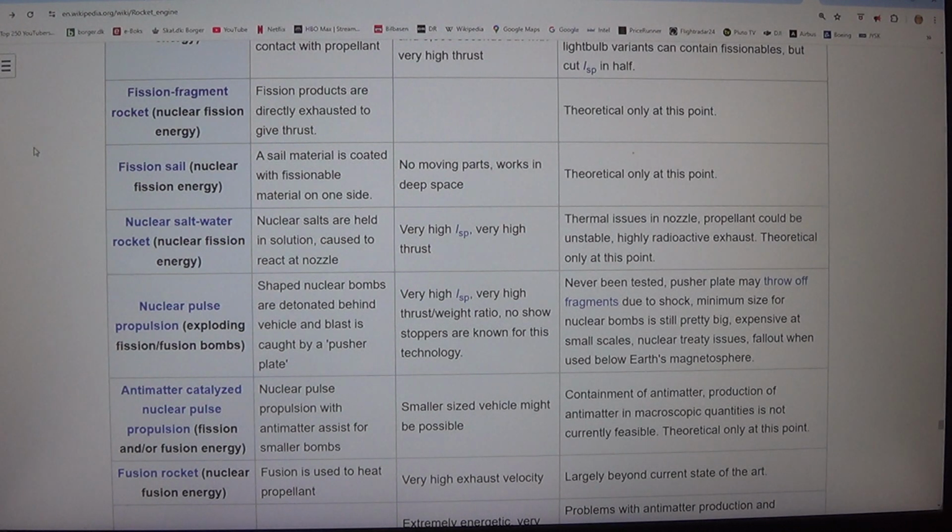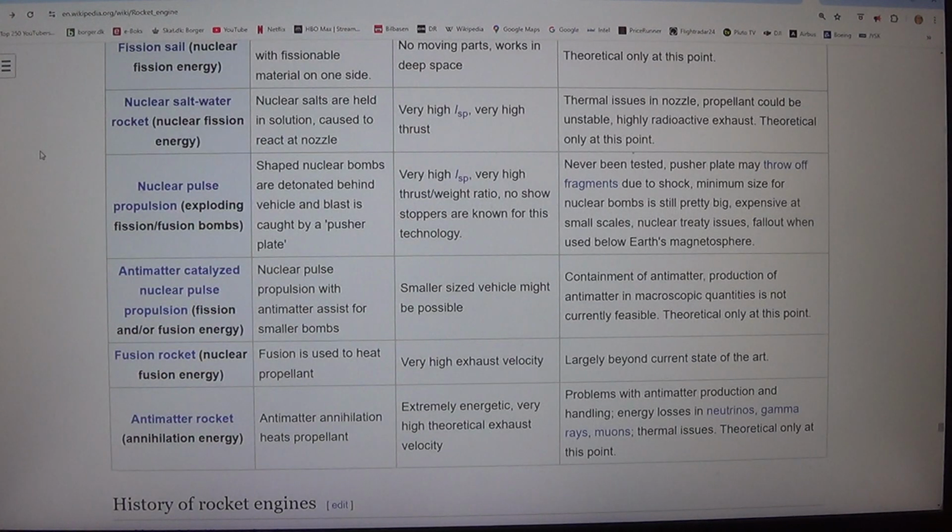Theoretical only at this point. Nuclear saltwater rocket, nuclear fission energy. Nuclear salts are held in solution, caused to react at nozzle. Very high ISP, very high thrust. Thermal issues in nozzle. Propellant could be unstable, highly radioactive exhaust. Theoretical only at this point.